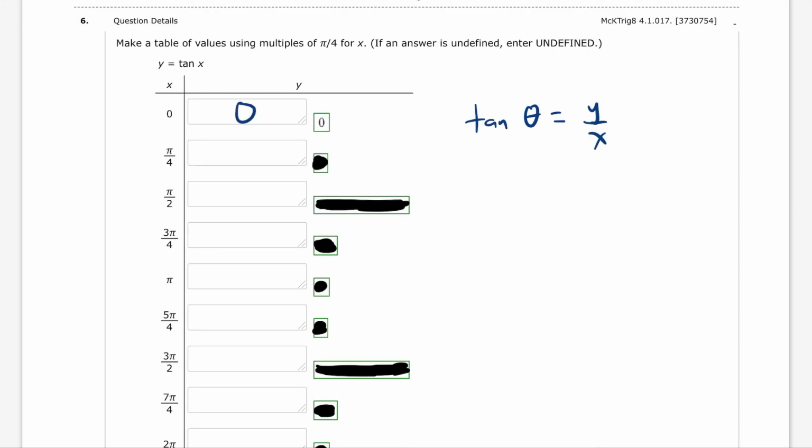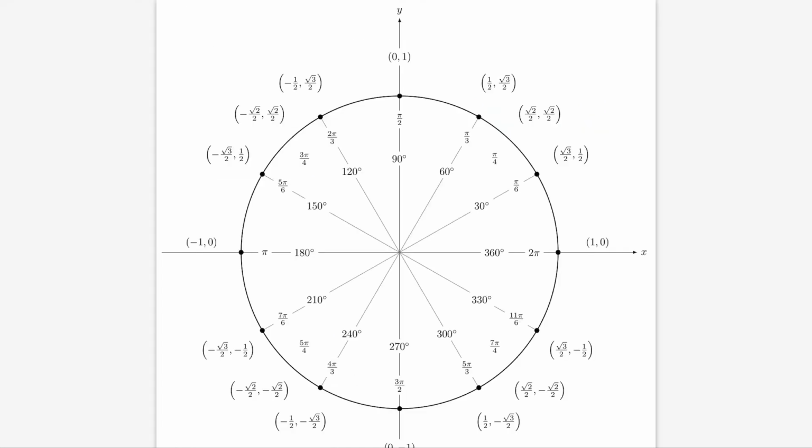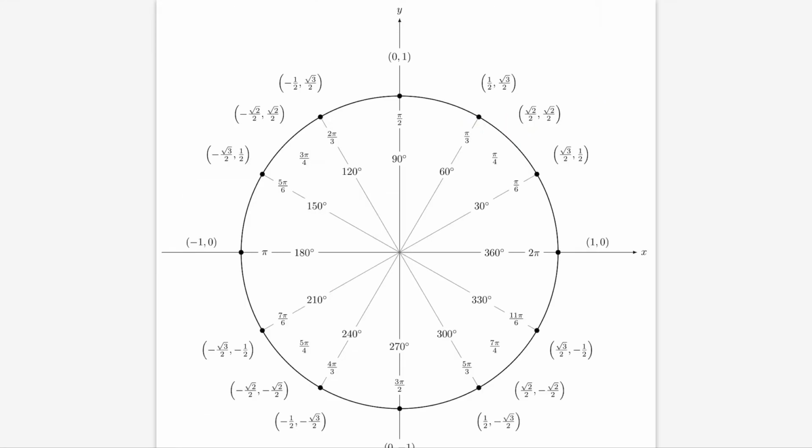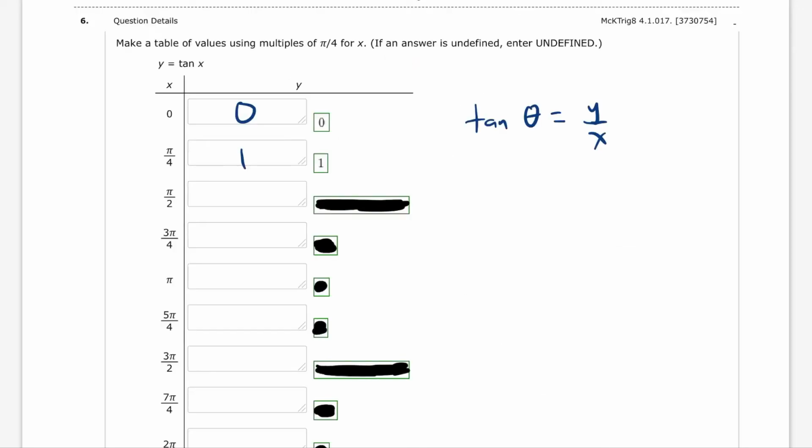At pi over 4, it's going to be radical 2 over 2. So if you divide that by that, you get 1. For the next one, pi over 2, y divided by x is 1 over 0. That's undefined.